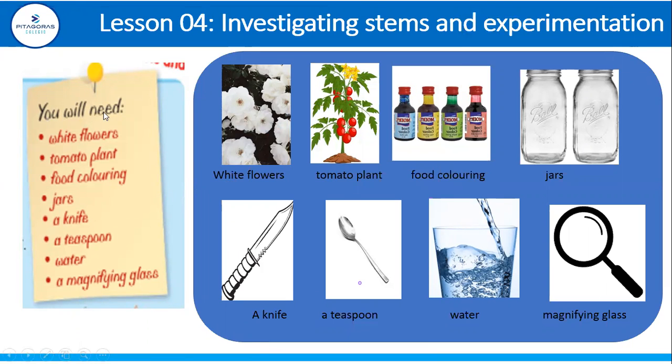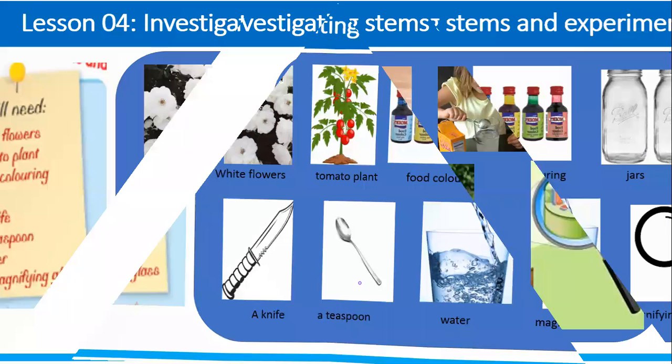You will need a white flower, a tomato plant, food coloring, a jar, a knife, a teaspoon, water, a magnifying glass. We are going to use all of these elements to make our experimentation.